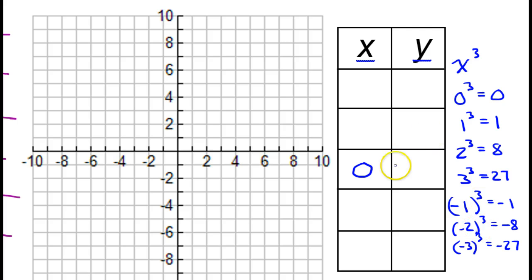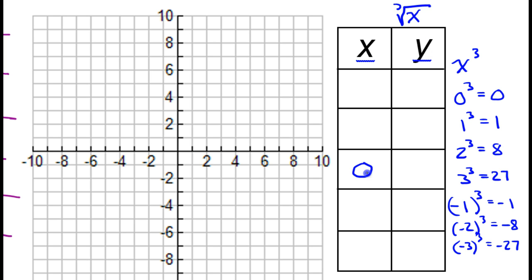So keeping that in mind, when we do cube roots, we're going the opposite direction. So the cube root of 0 is 0. The cube root of 1 is 1. The cube root of 8 is 2. The cube root of 27 is 3. So when we do the y values, let's start with the parent function, that's just the cube root of x.